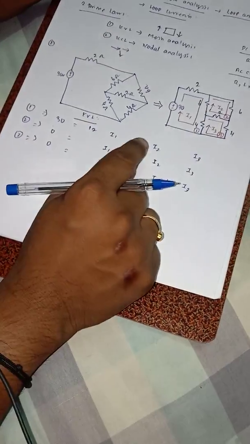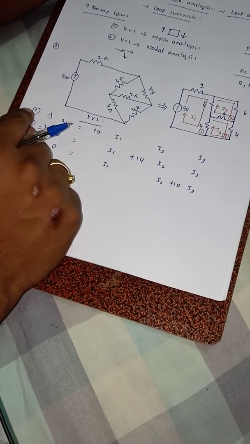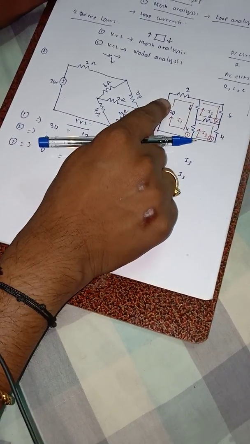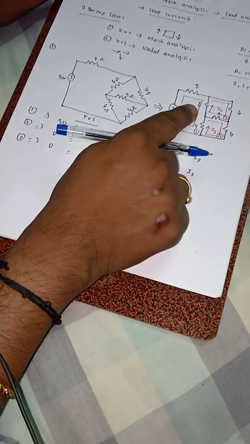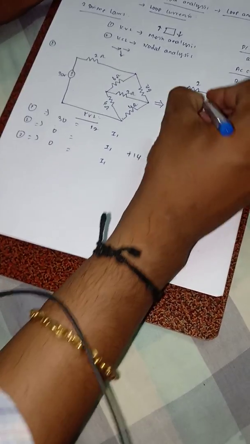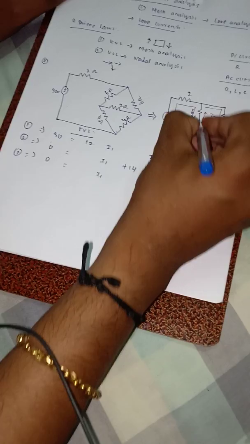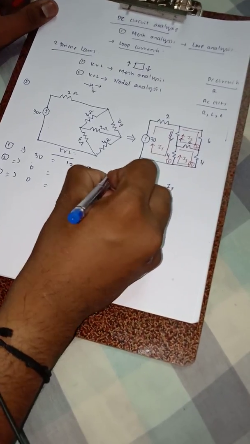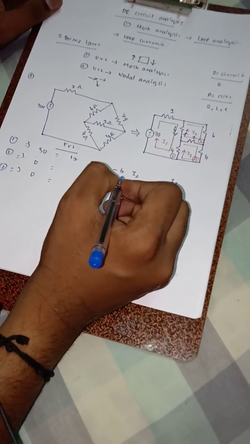And next is how to find the I2 and I3 coefficients for loop number 1. Between the first loop and the second loop, the resistance that is present is your 6 ohms. In the 6 ohms, the I1 is a downward current, whereas I2 is an upward current. So opposite directions, you write it as minus 6.